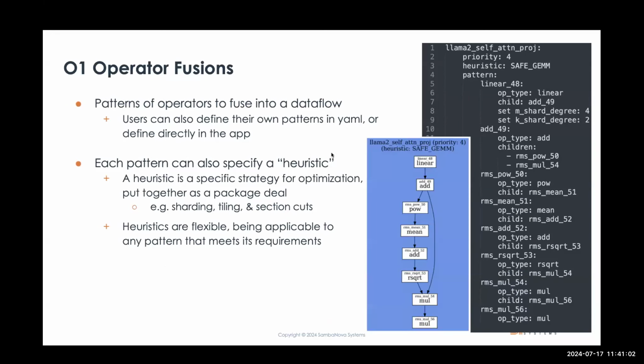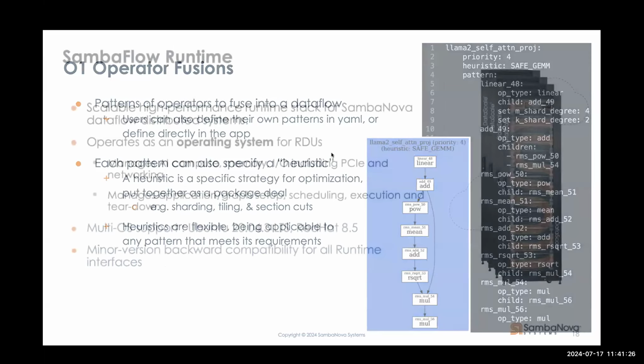One of the key optimizations you typically need in AI applications is operator fusion. We have several techniques that we use. Some of those could be heuristic, sharding, tiling, doing section cuts. You can learn more about this as you start developing these applications. All of this is built into the compiler, so the compiler can automatically do these optimizations for you.